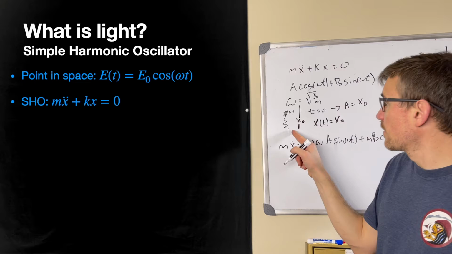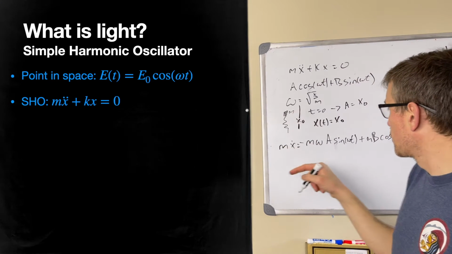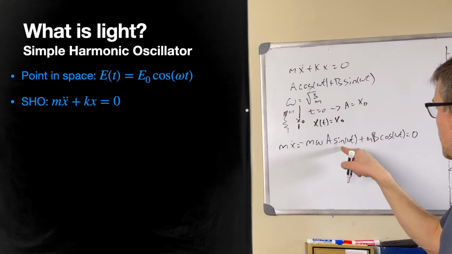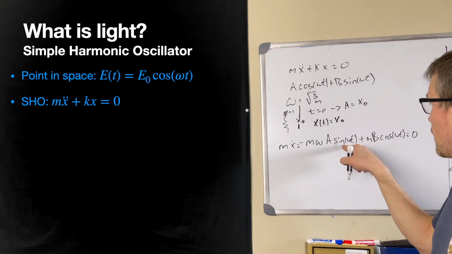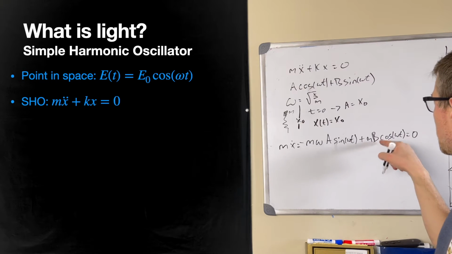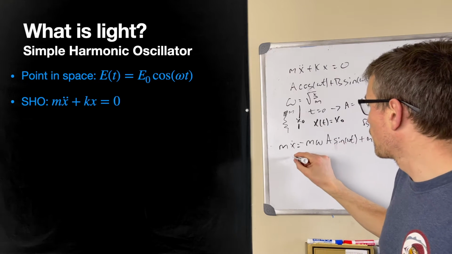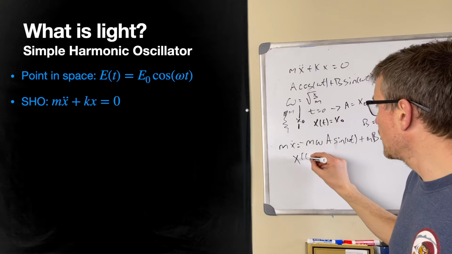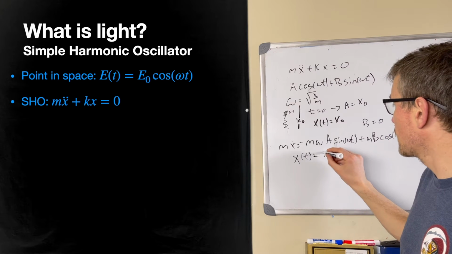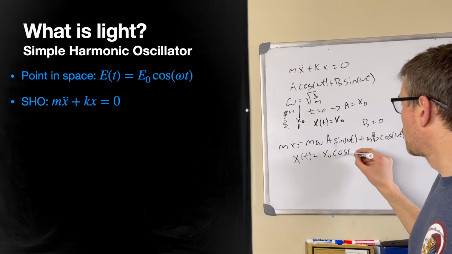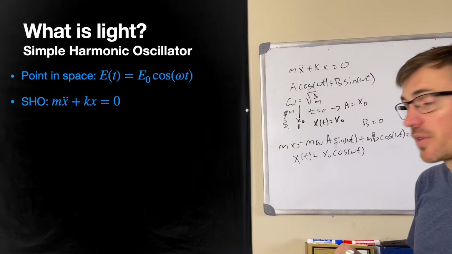So we're assuming that at the very top of this thing it's at rest, so the momentum is equal to 0. So in this case, we get 0 from the sine term, so m omega times b is equal to 0. So we have b is equal to 0. And we have our full solution, x of t is equal to x naught cosine omega t. Okay?